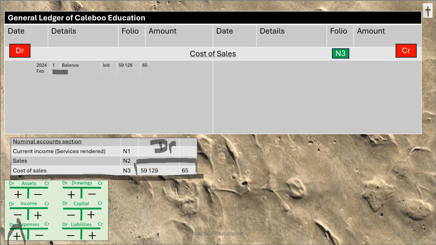Step 2, put in the other entries which relate to cost of sales for the month of February.